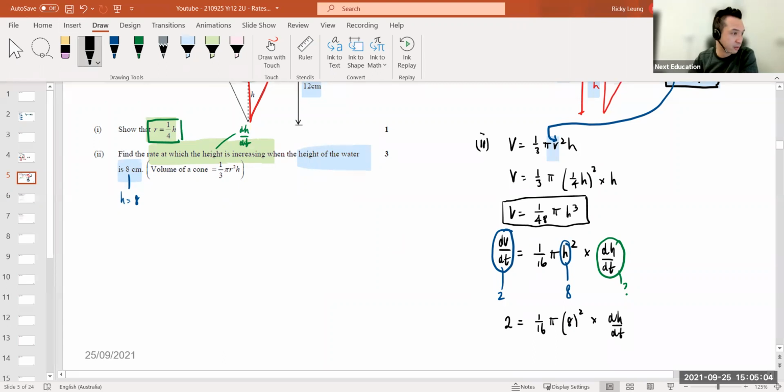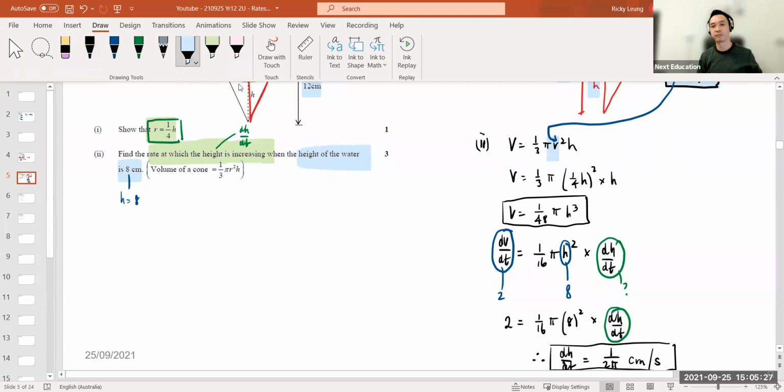Does that feel right? Therefore, making dh/dt the subject, if you bring everything over, it should be 1 on 2 pi units. What is it? Centimeters per second. And that is my answer.